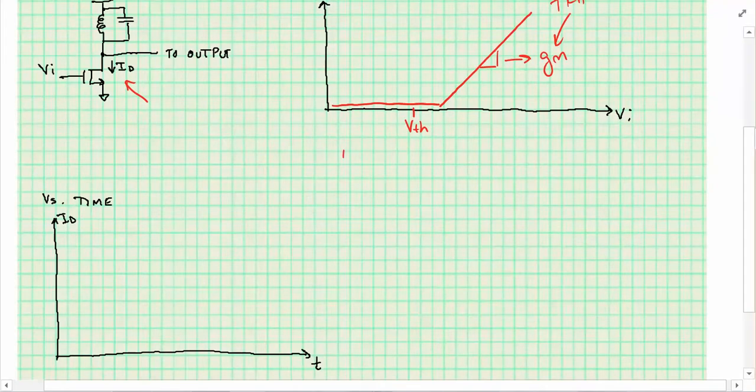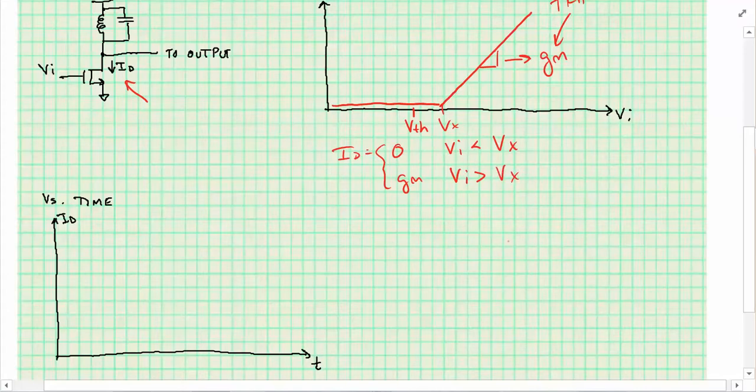So here we can say that ID is equal to 0 for VI less than some predetermined voltage, which we'll call Vx, and it's equal to GM times (VI minus Vx) for VI greater than that Vx.